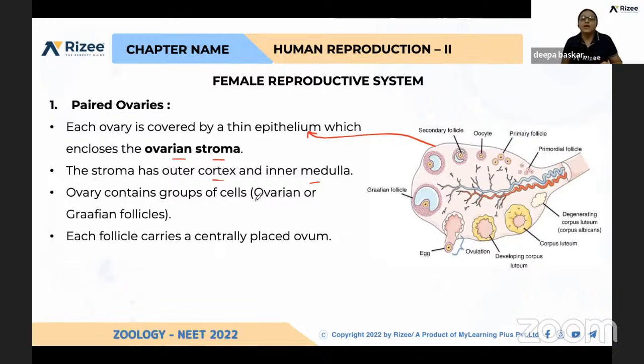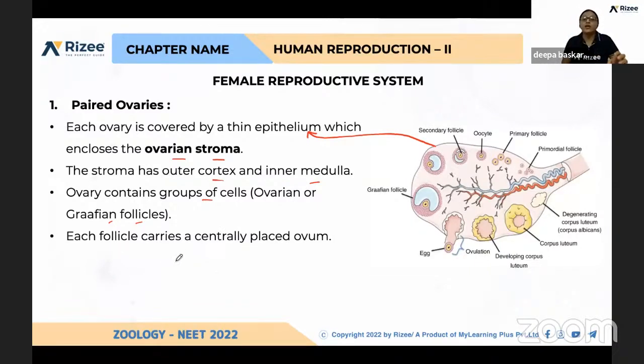And there are a group of cells called the Graafian follicle. This Graafian follicle is very important, and it develops from the primary follicle. This Graafian follicle will have the matured ova before release from the ovary.